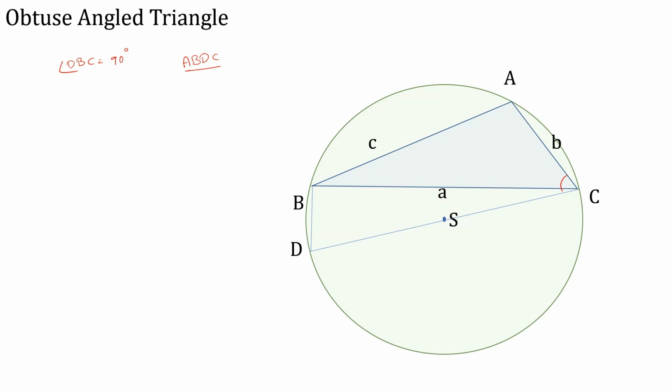When we consider a cyclic quadrilateral and take the opposite angles, we have angle BDC and angle BAC. These two are opposite angles. When we add these two opposite angles, it will be 180 degrees as per the cyclic quadrilateral concept.